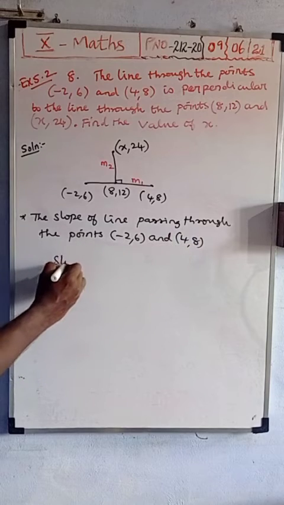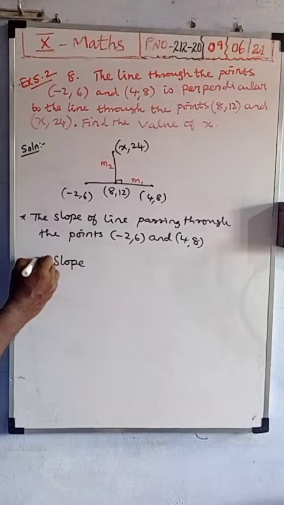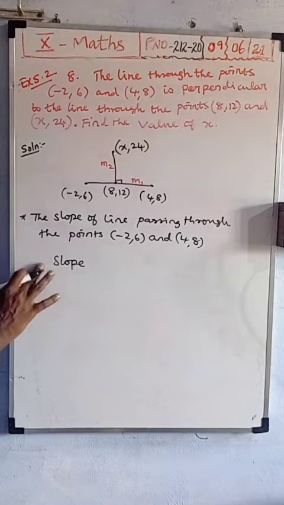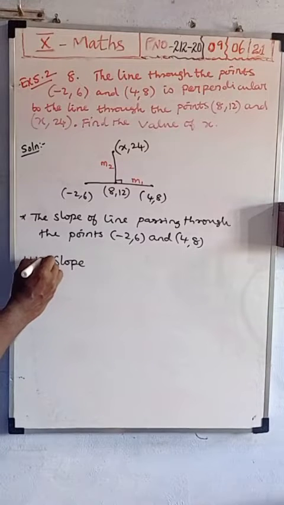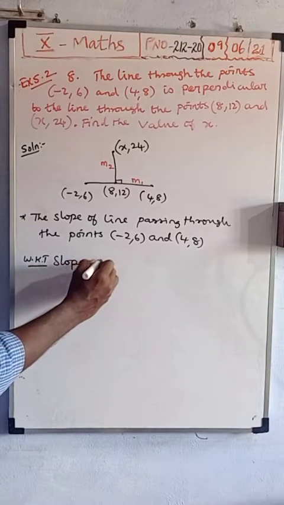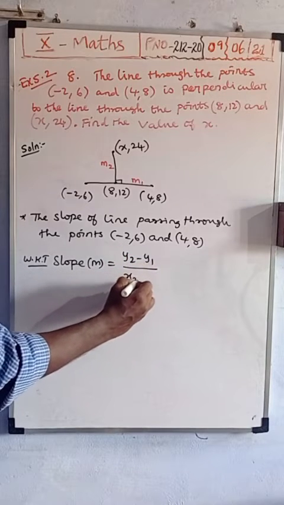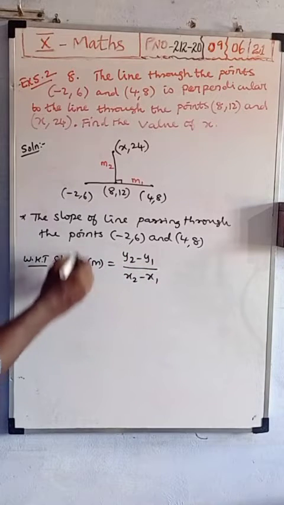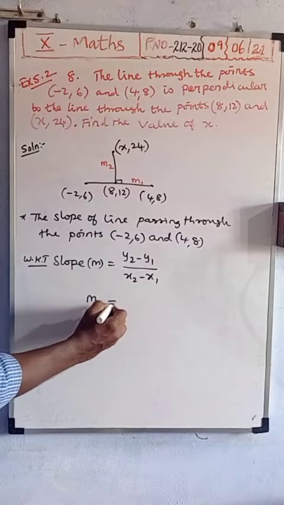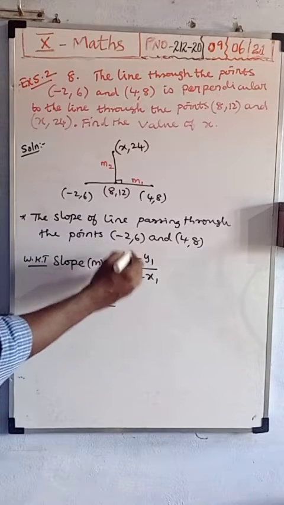We know the slope formula. When two points are given, the slope is (y2 minus y1) divided by (x2 minus x1). We call this slope m1.